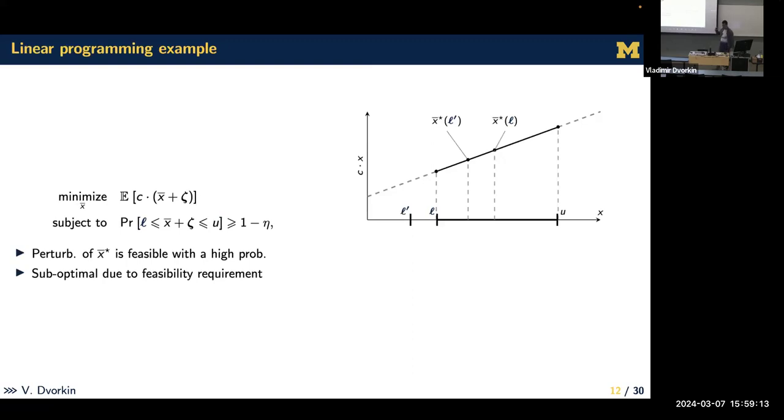Let's get back to our linear programming example to understand how it works in action. Now, instead of solving a deterministic problem, we're solving a stochastic problem where parameters of the perturbation are given by our privacy preferences. We will specify some eta, which is the constraint violation probability, and we'll put it small, say it should not violate our constraints with probability at least 95%, right? Then the optimal solution for the nominal vector x bar will no longer be at the boundary of the feasible region, but instead it will be somewhere in the interior of the feasible region.